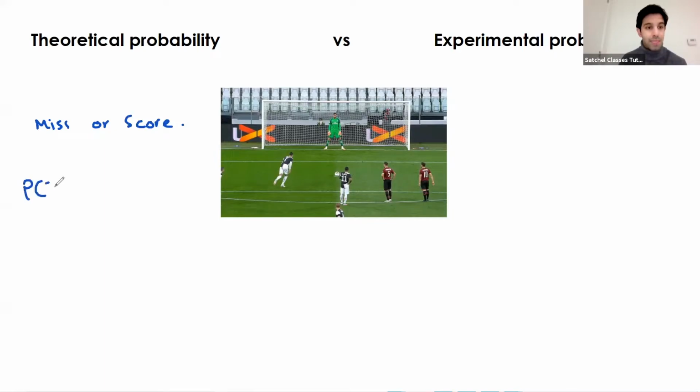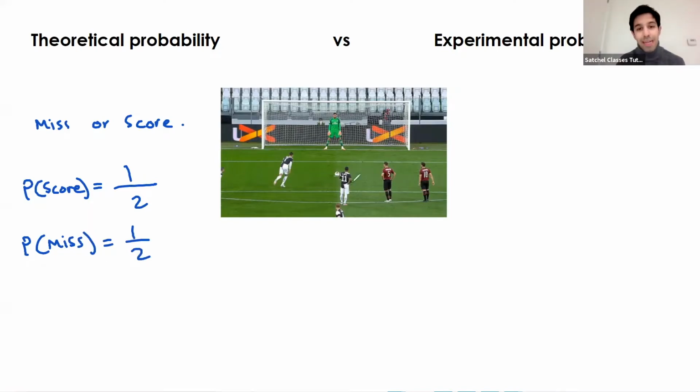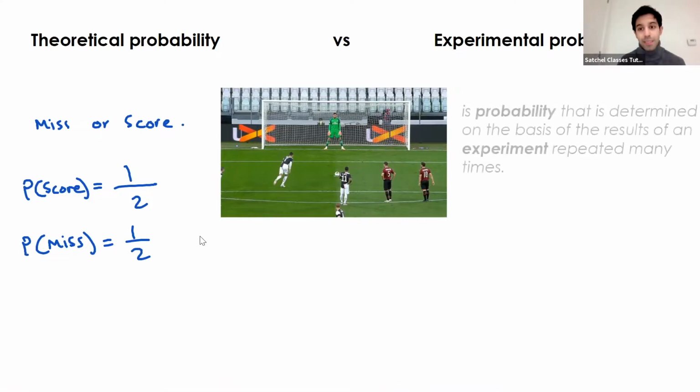So we can say the probability of scoring is going to be 1 out of 2, and the probability of missing, again, is going to be 1 out of 2. But in reality, in this scenario, this theoretical probability is not a very accurate measure. And this is where experimental probability comes in handy.